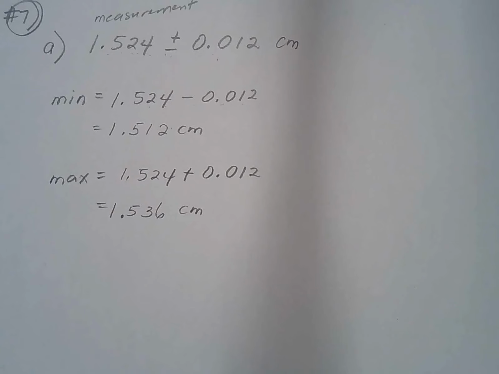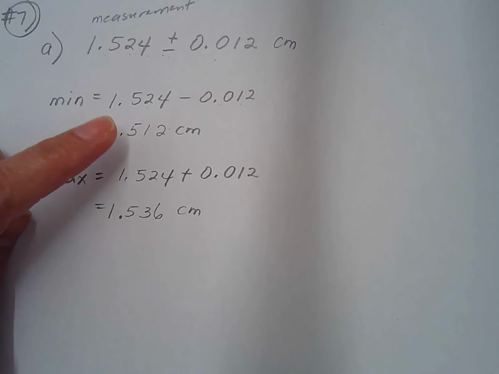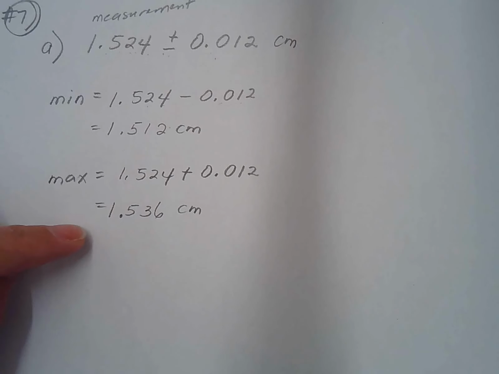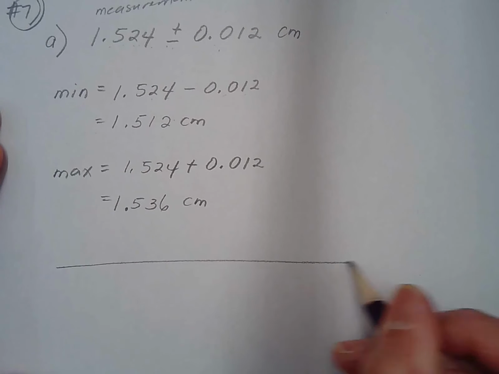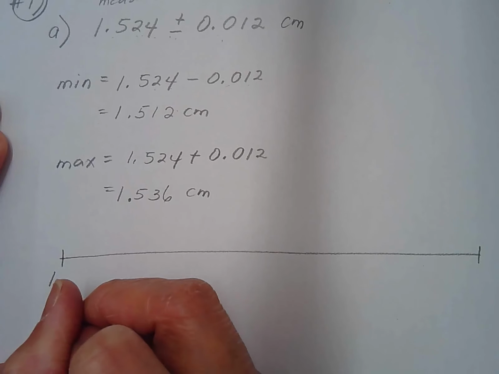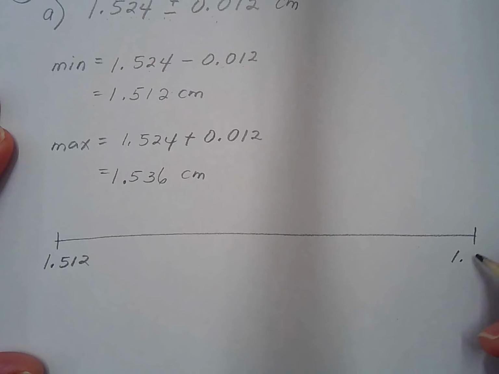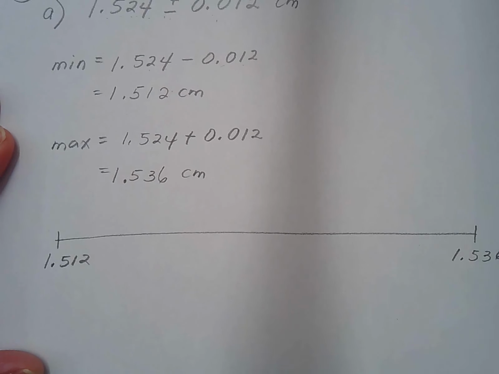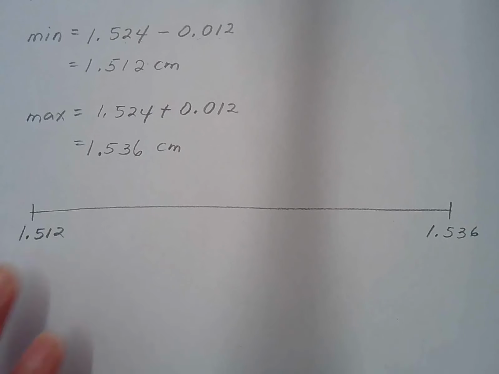So that means the measurement has to be between 1.512 and 1.536. So let's have a visual in here. 1.512 and then 1.536. These are within these two values, minimum and maximum, that's allowed.